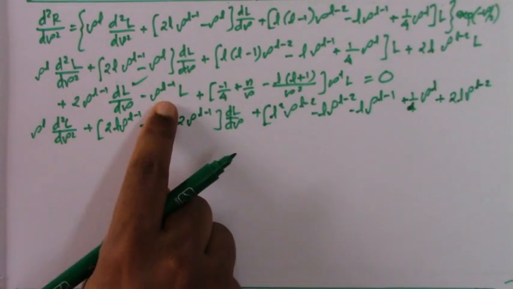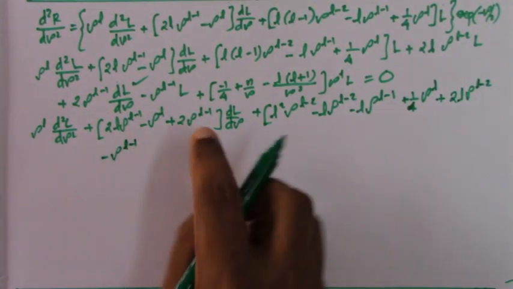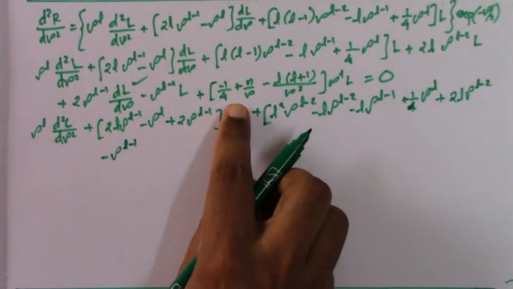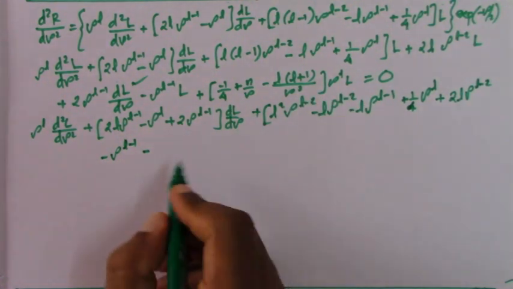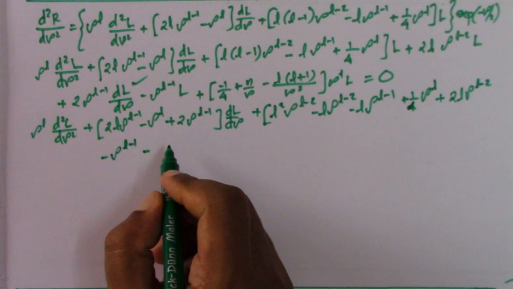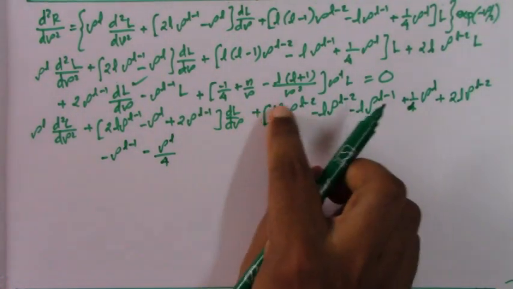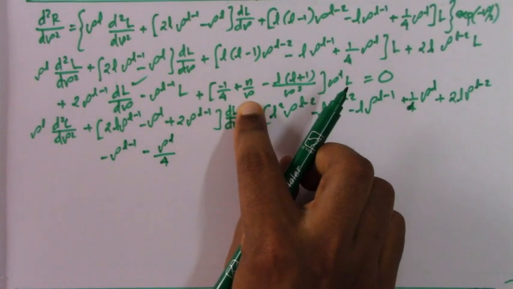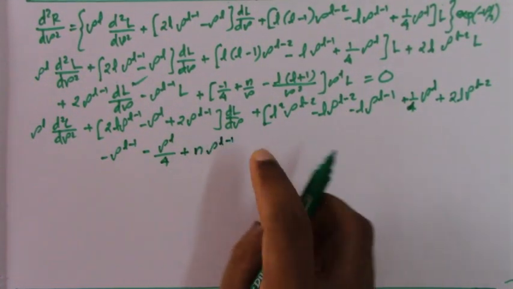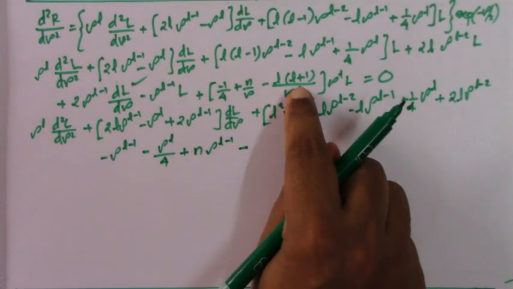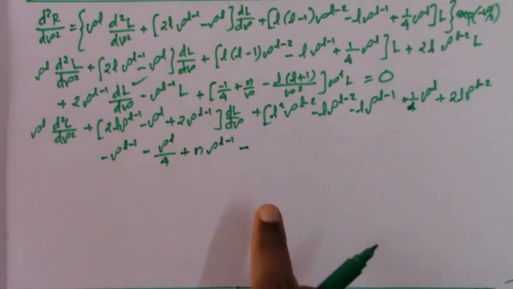This is already picked, and what is remaining? Minus rho raised to L minus 1, then minus 1 by 4 rho raised to L, or rho raised to L divided by 4, then n rho raised to L by rho, that is n rho raised to L minus 1, minus L into L plus 1 by rho square into rho raised to L, that is rho raised to L minus 2.